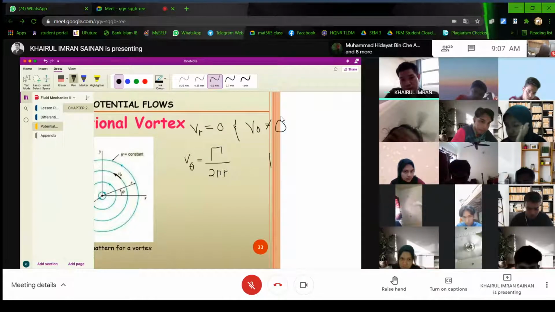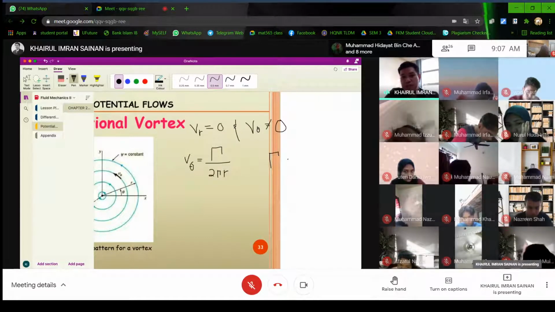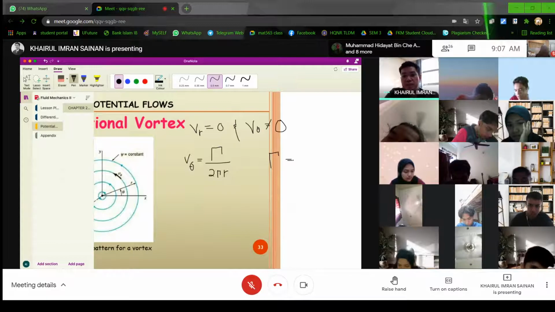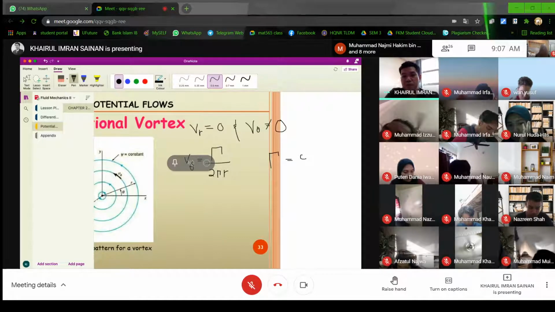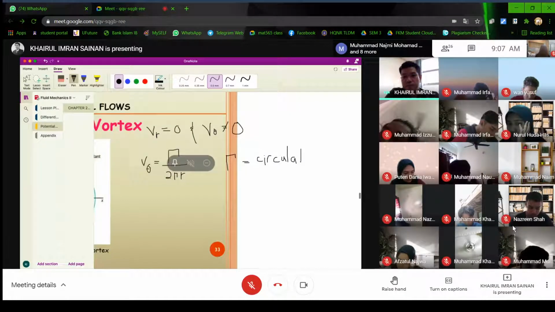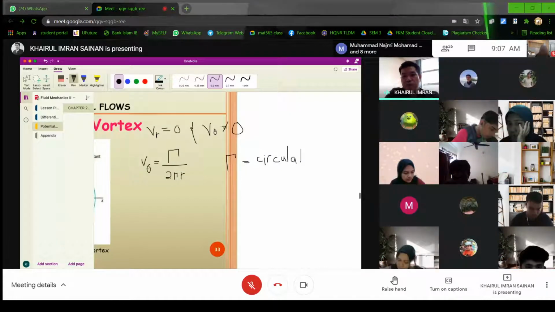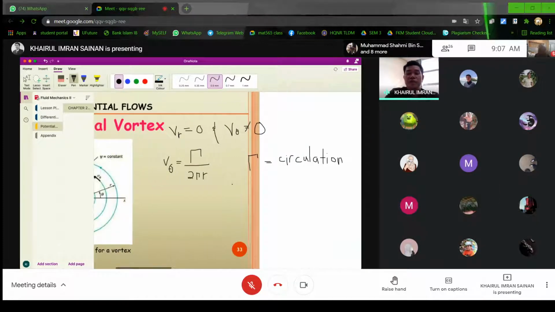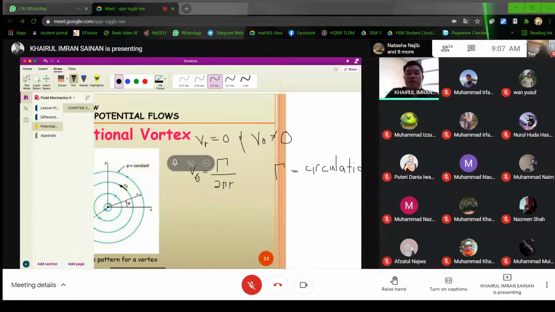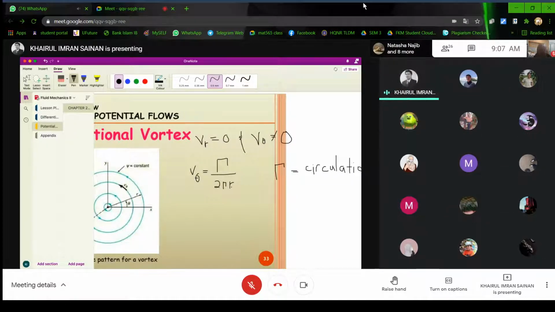Kappa is, from the previous lecture, actually circulation. So it's actually the strength of vortex. Why the strength of vortex? Because V theta 2 pi R is only a constant.